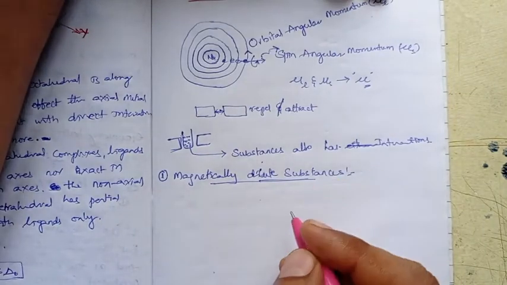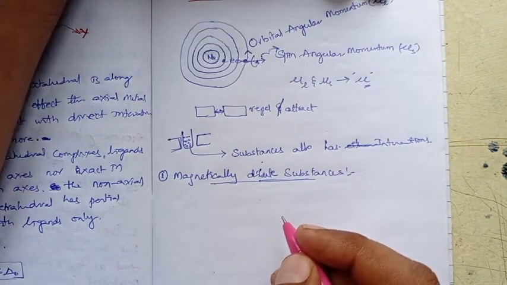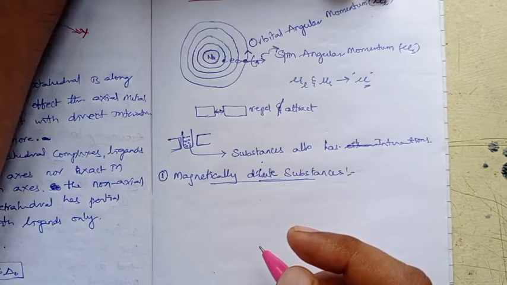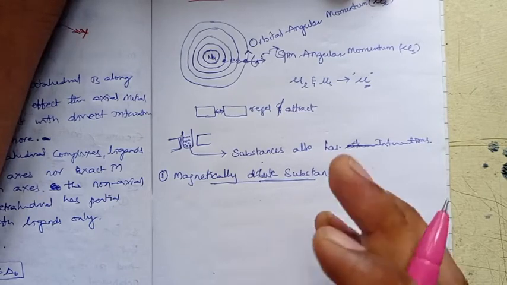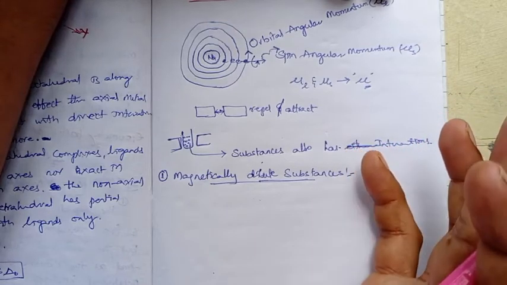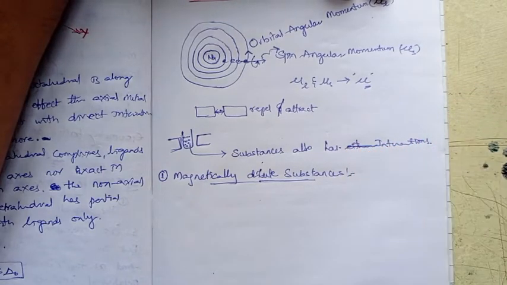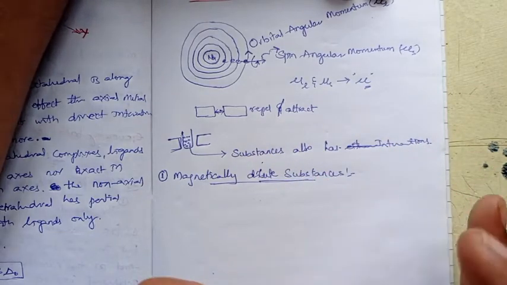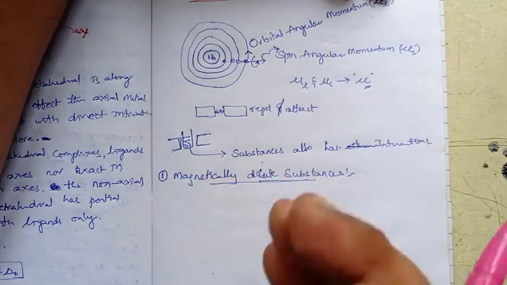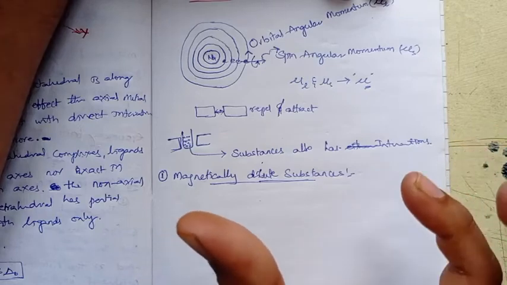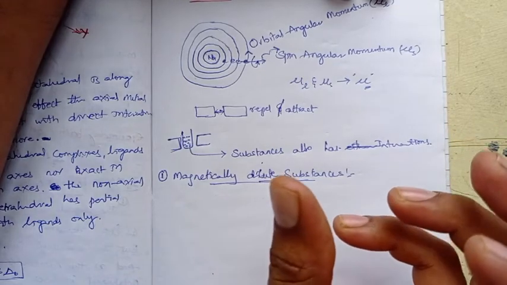The magnetically dilute substances are those which have individual magnetic centers. The substance is made up of molecules, and the molecule is made up of atoms, as I said. The atom is the individual magnetic center, or the inner dipole; the electron is the magnetic center. Let us consider that the atom or molecule is the individual magnetic center.